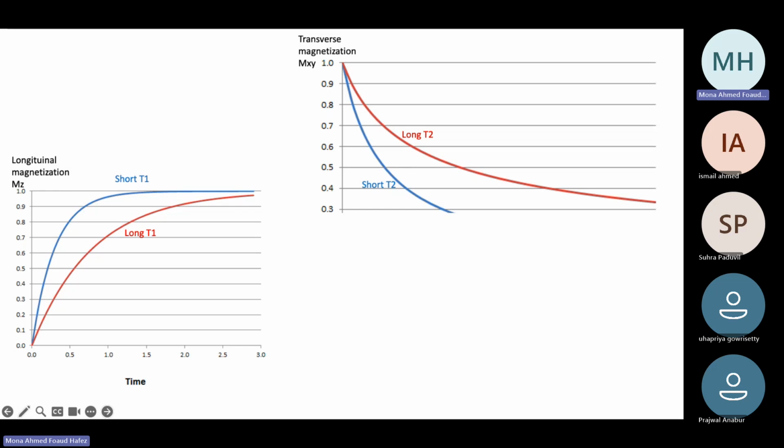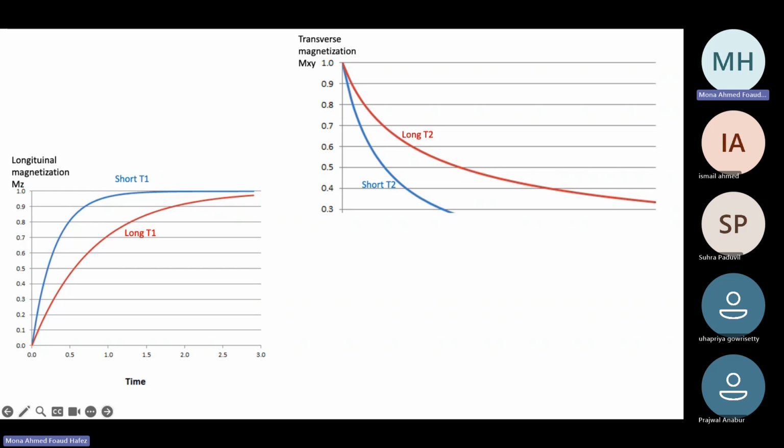The effect of contrast will make T1 shorter because of increased relaxation. It increases the relaxation of protons, so it has a short T1 and short T2 time. In T1, as you see, when time is shortened, it will have a higher signal.